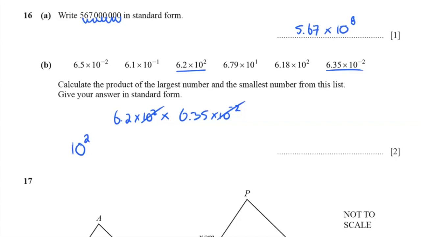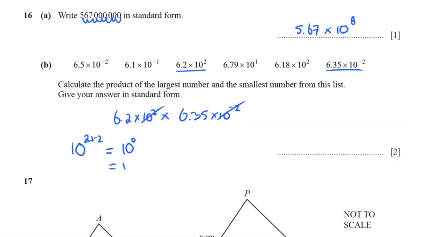So we'll have 2 plus negative 2, which is 0. Sorry, it's 10 to the 0, and anything to the 0 is 1. So we're just multiplying by 1, so that's why I said they canceled each other out. So what we have left is 6.2 times 6.35.